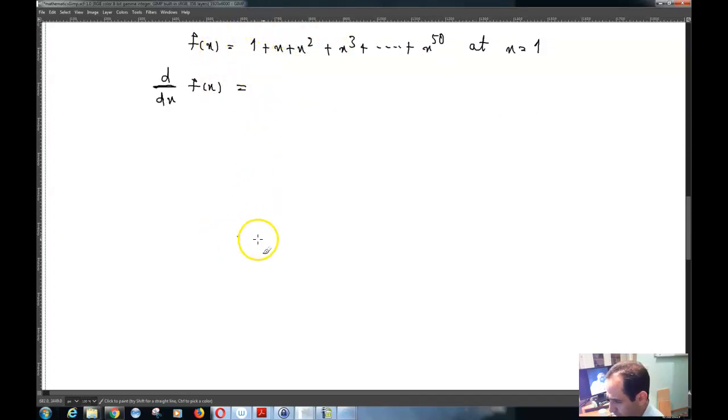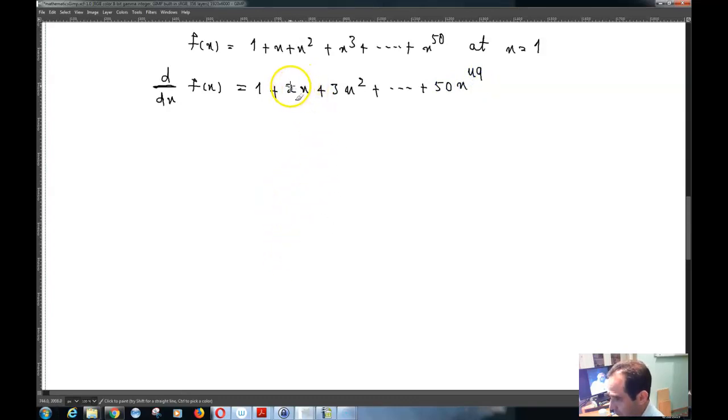The derivative of a constant is 0, so this is 0. This is 1. And this is 2x plus 3x squared plus 4x cubed and so on and so forth, all the way up to 50x raised to the power 49.